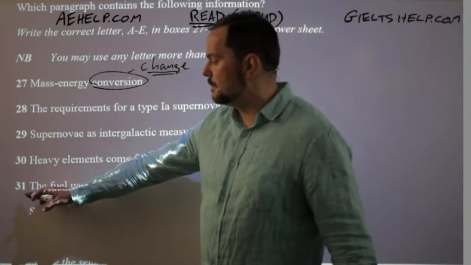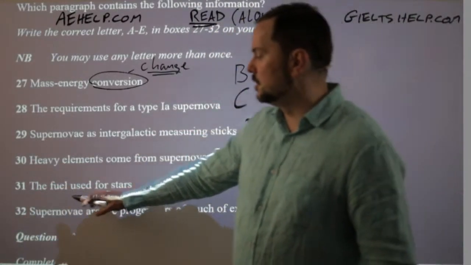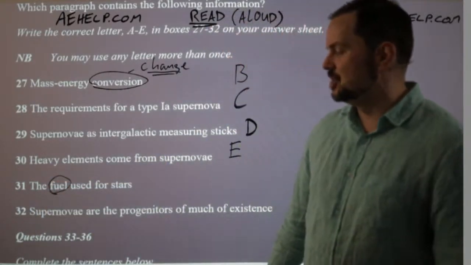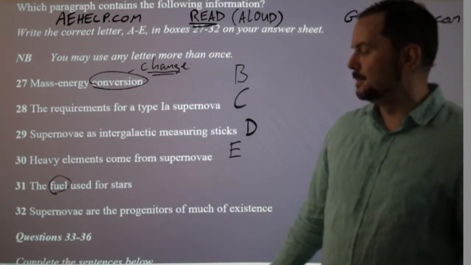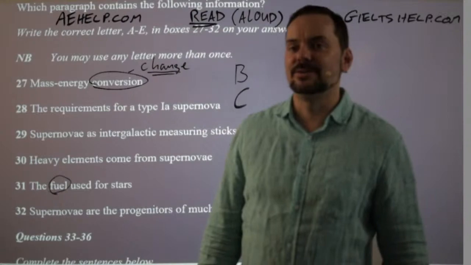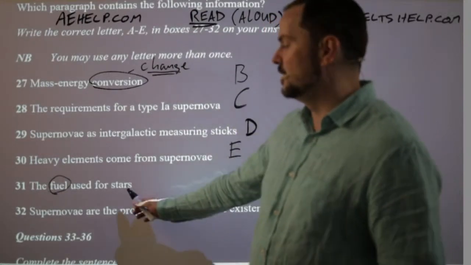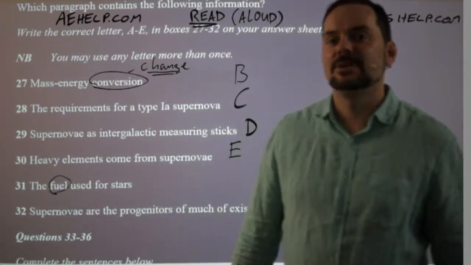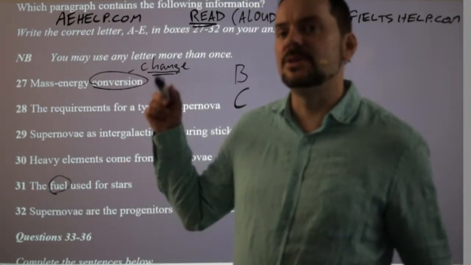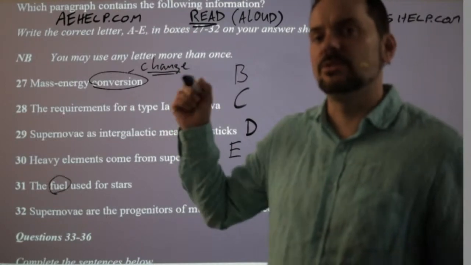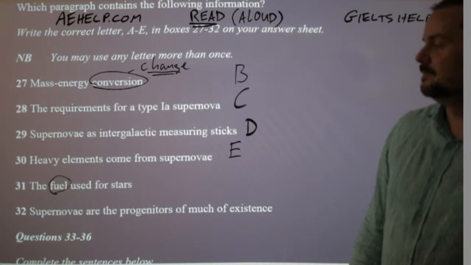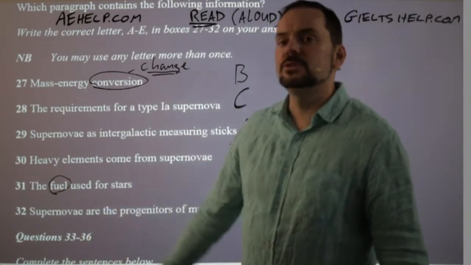All right, number 31, the fuel used for stars. So basically the source energy that's used to power the star, okay? So number 31, what was that? Okay, and I like the way David is answering the questions where he puts the number, especially when we're going nice and quick. So 30 is the last paragraph E, and you're right, David. Absolutely. 31, fuel used for stars.